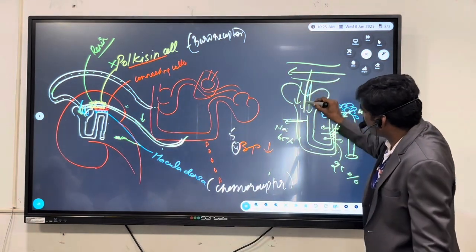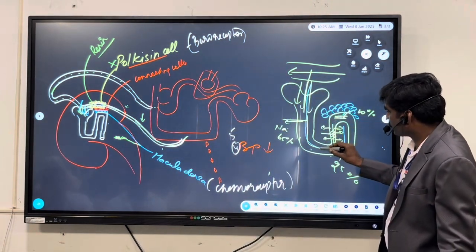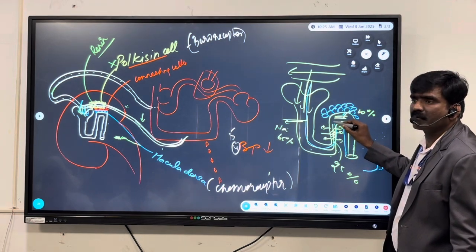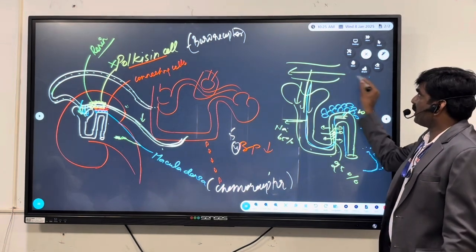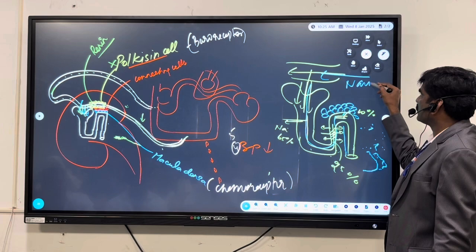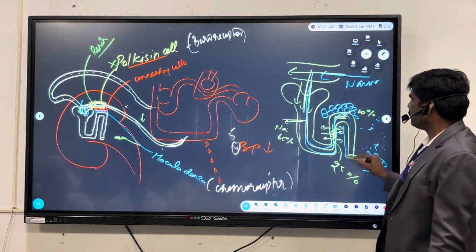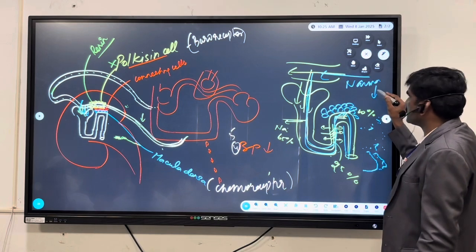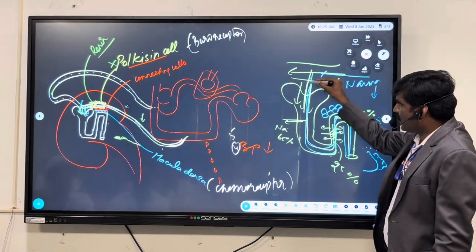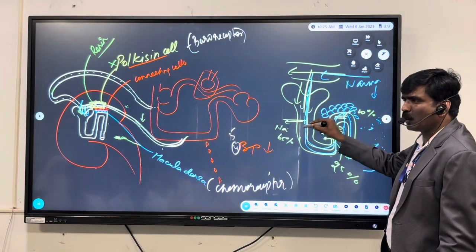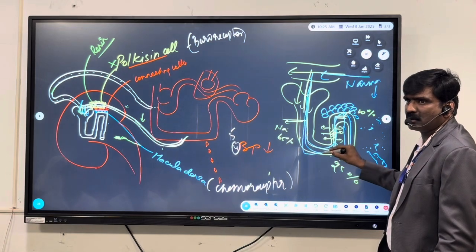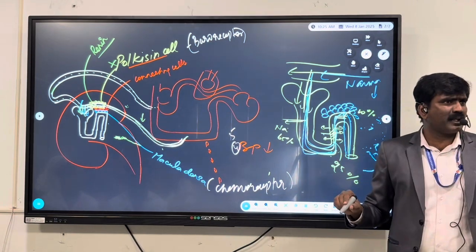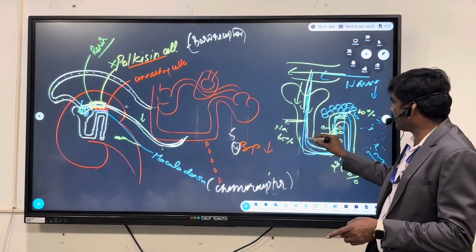So the fluid is moving fast or slow? If blood pressure is normal, right, flow will be fast, right? If blood pressure is low, then what will happen? Flow will be slow, it will move slowly, right? Are you clear what I am saying? Yes.